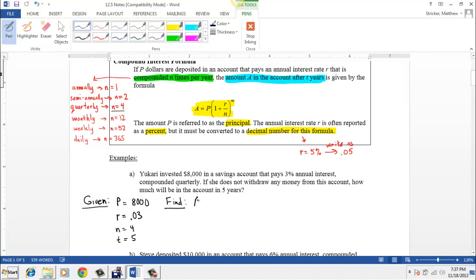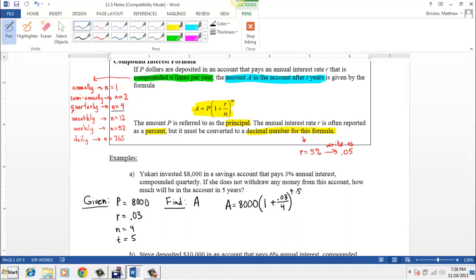So the part we're trying to find is A. And so if we plug everything into the formula here, we get that A is equal to our initial investment P, which is 8,000, times 1 plus R, which is 0.03 divided by n, which is 4, raised to the n times t, so 4 times 5. Hopefully that makes sense.